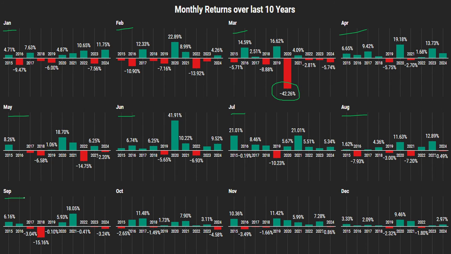September, only 4 positive and 6 negative returns. October, 7 positive and 3 negative. November, 6 positive returns and 4 negative returns. And December, a very good month for this sector with 8 positive returns and only 2 negative returns.